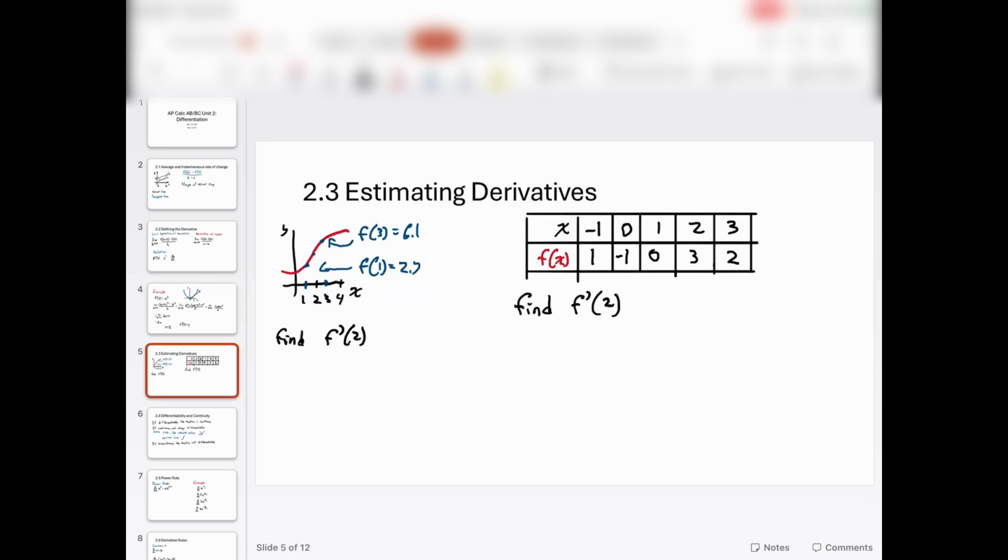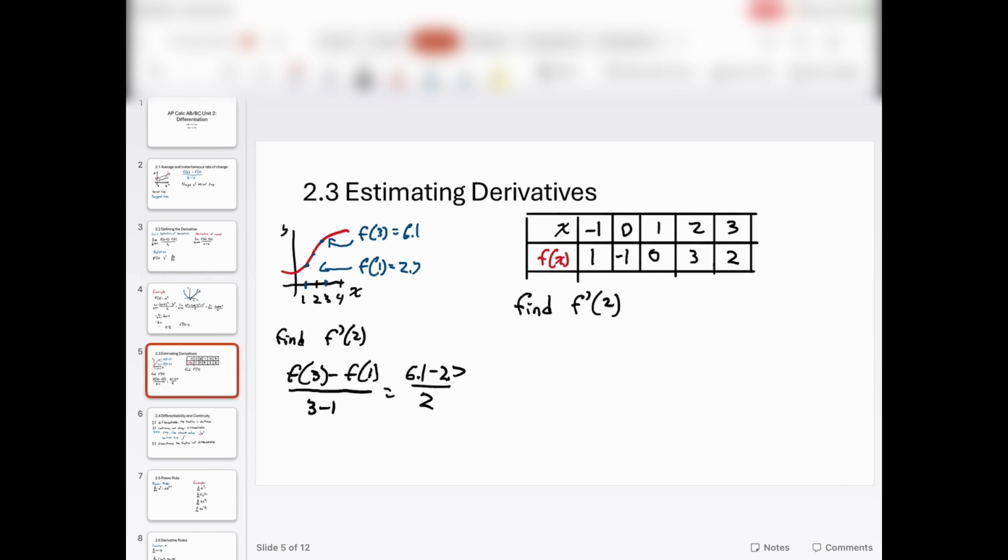So now let's estimate derivatives. Using a function, you just use the formula of a slope. So you would do f of 3 minus f of 1 over 3 minus 1, and with these points here, it would be 6.1 minus 2.7 over 2.